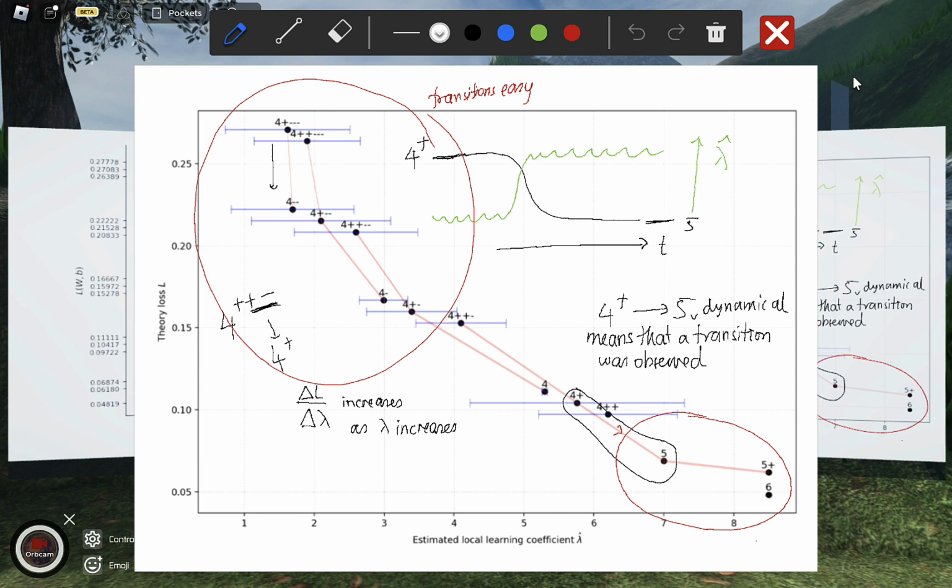You only decrease the loss by a relatively small amount, but you have to add a lot of structure. So I think this is just harder. That's what explains this picture, at least that's my running theory, low confidence, but that's how I think about it.